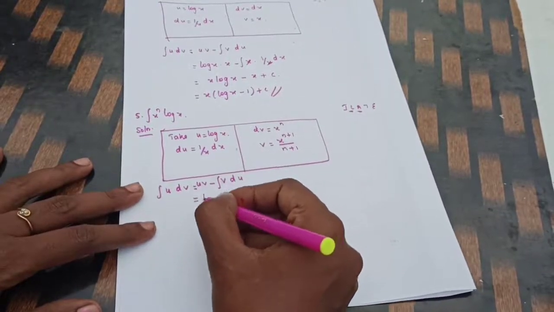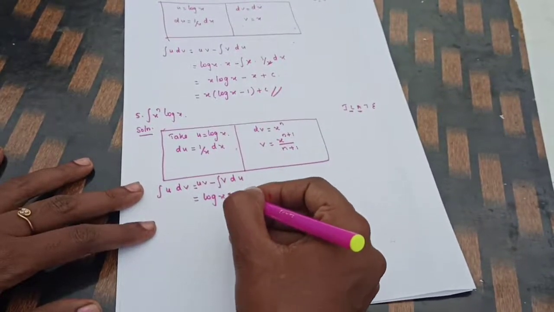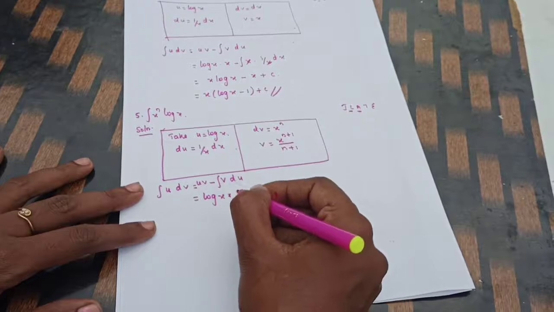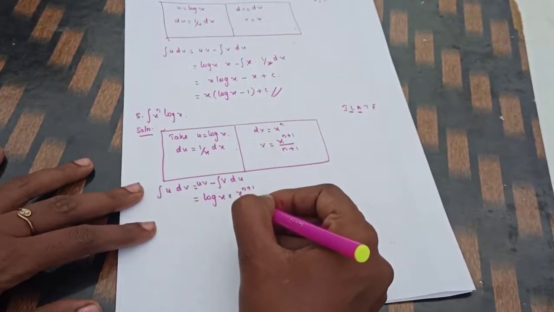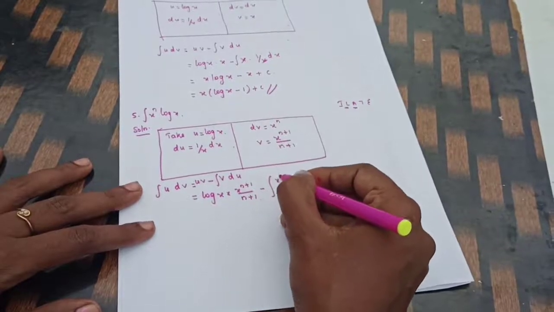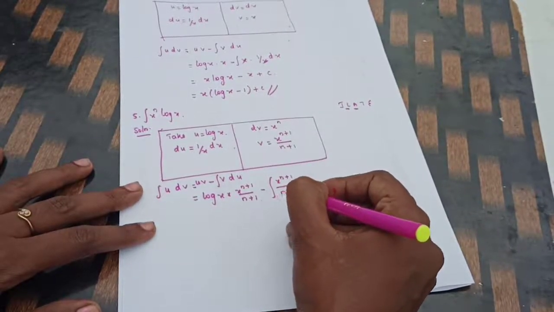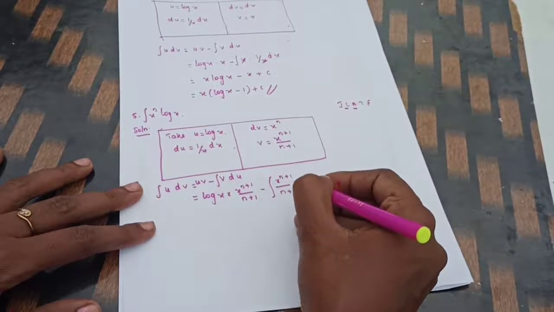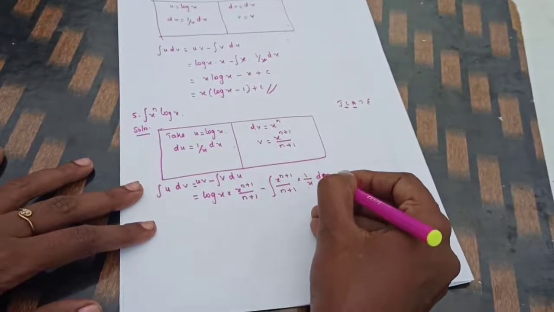That is equal to log x into the v value, x power n plus 1 divided by n plus 1, minus integral of x power n plus 1 divided by n plus 1, and du value is 1 by x dx.